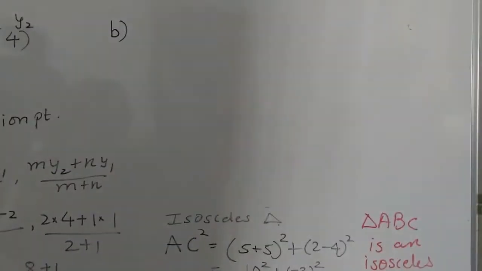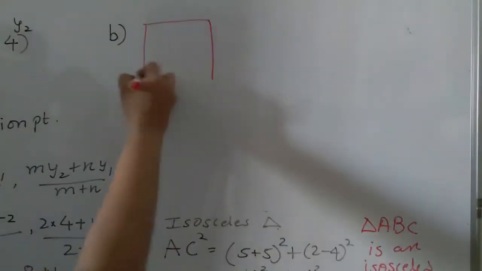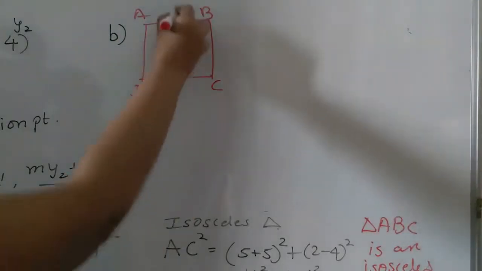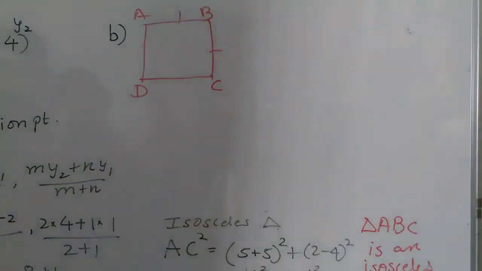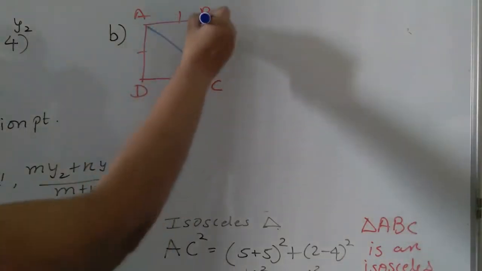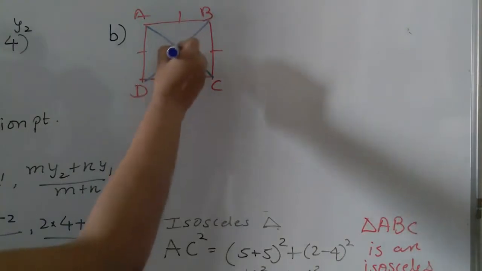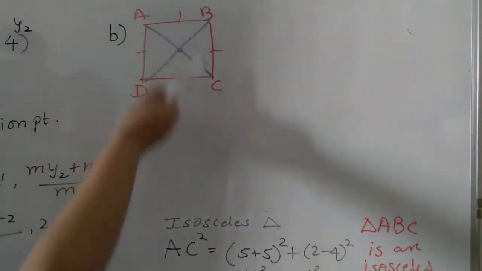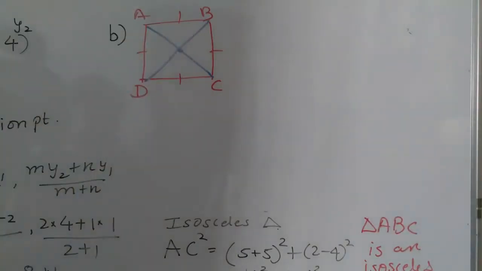I show you by figure that if this is a square ABCD, we have already proved AB is equal to BC, and all sides will be equal if it is a square. So the two diagonals, AC and BD, will meet at their midpoints. Both diagonals' midpoints should be the same.